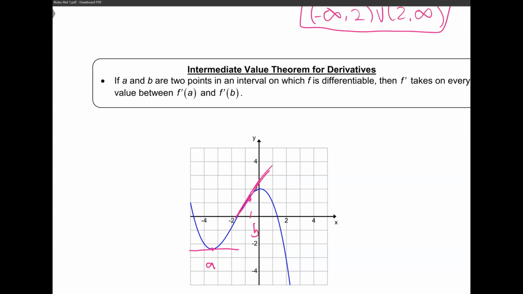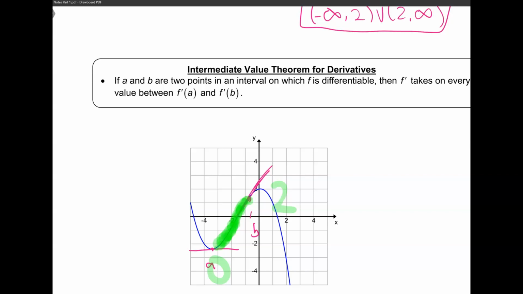All the slopes in between them will be between those two numbers. So if I'm going from 0 to a slope of, let's say, 2, that means all the points in between, the derivative takes on every value between 0 and 2. It smoothly switches over. That's the IVT, the intermediate value theorem. The derivative takes on every value between the two endpoints' derivatives.